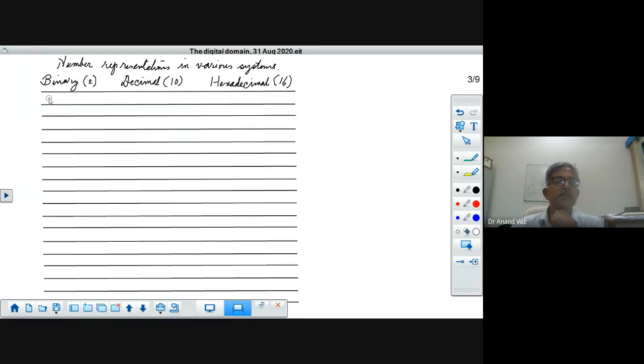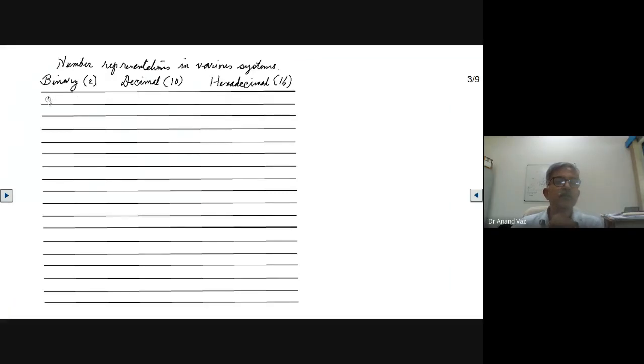Let's say we start with 4 bits: 0, 0, 0, 0. This is in the binary system. And the decimal representation of this is 0.